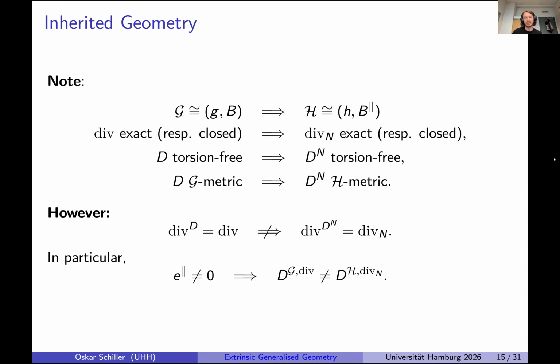In particular, a consequence of this is that if the parallel projection of the dilaton is non-zero, which is when these problems can arise, then the canonical connection that I told you about before does not, here I forgot some brackets.